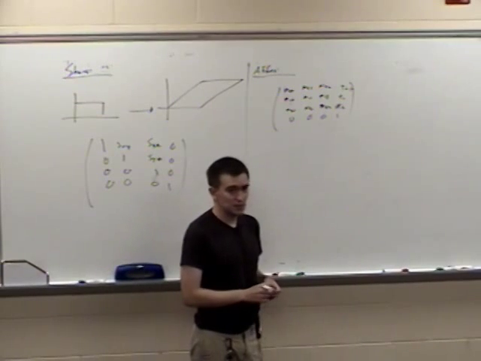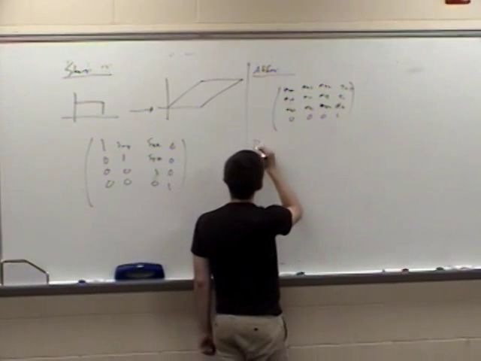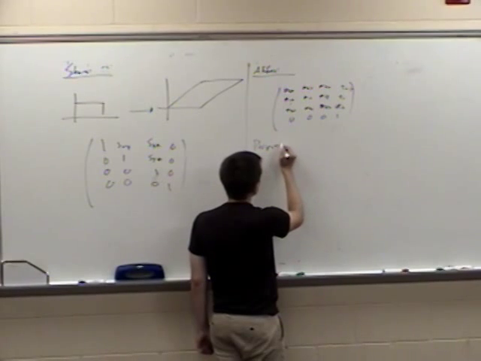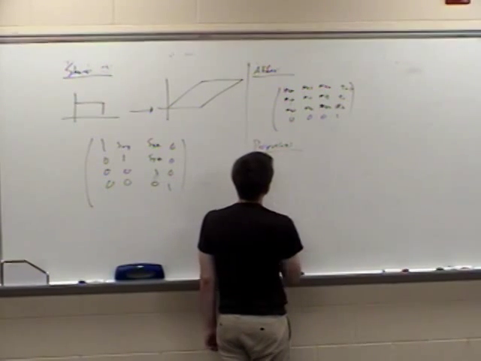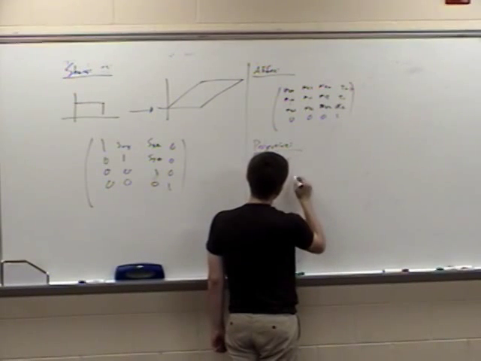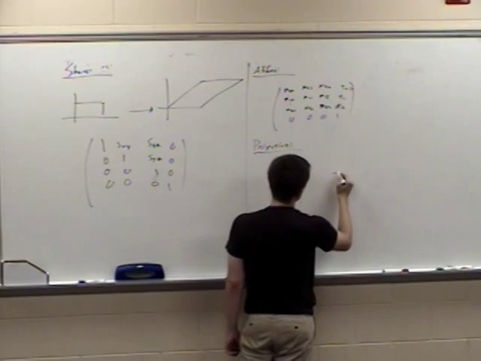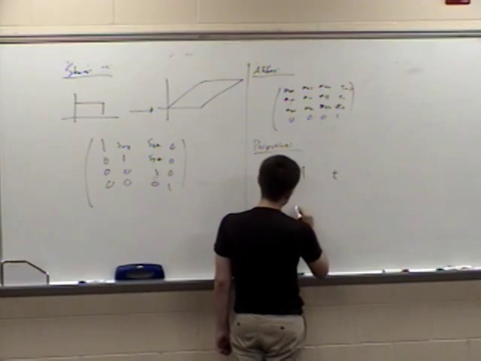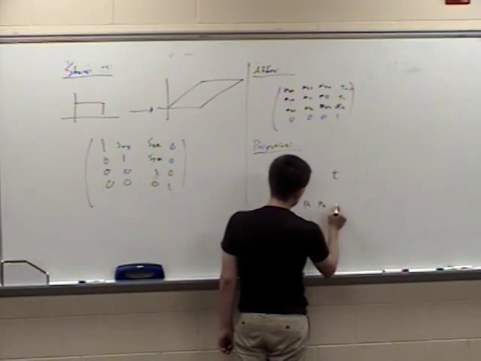And then a perspective transformation, or a projective transformation, just fills in these zeros at the bottom. So we still have our matrix M here, we have T, then we'll have some other stuff down here: P0, P1, P2, and 1.